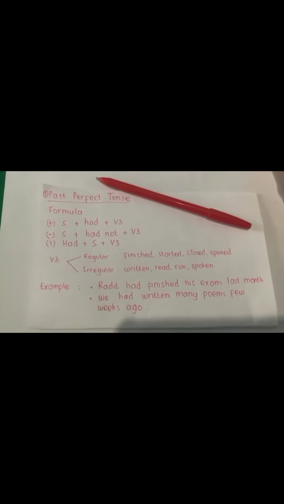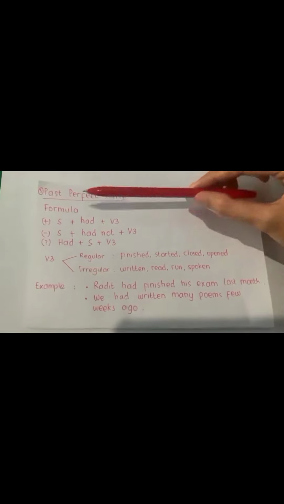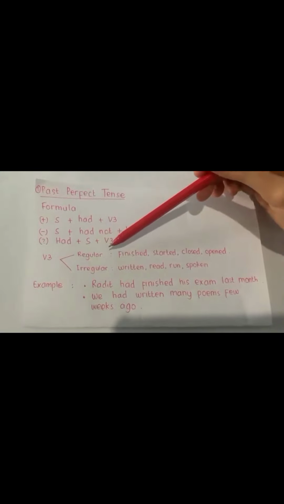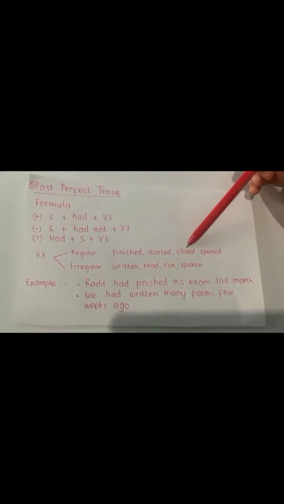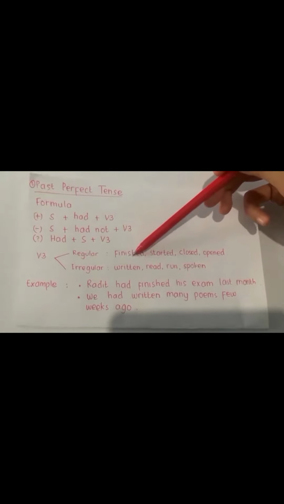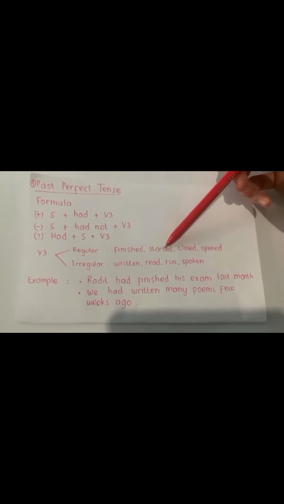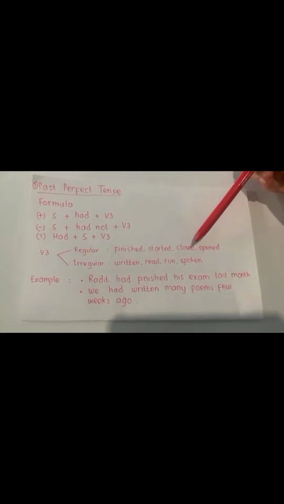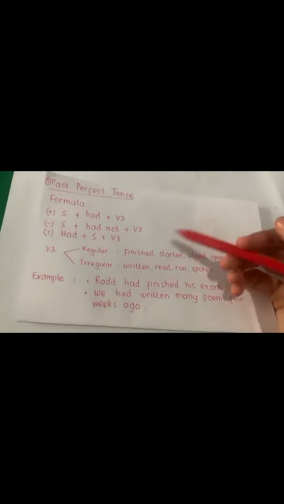So verb 3 also has two kinds of verb, which are regular and irregular verb forms. For the regular form, examples are finished, started, closed, and opened. Finished is the verb 3 form of finish, started is the verb 3 form of start, closed is the verb 3 form of close, and opened is the verb 3 form of open.